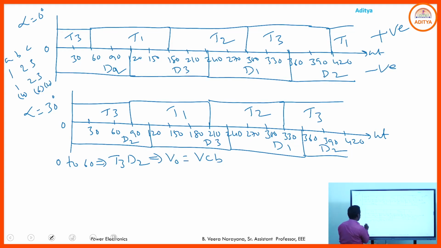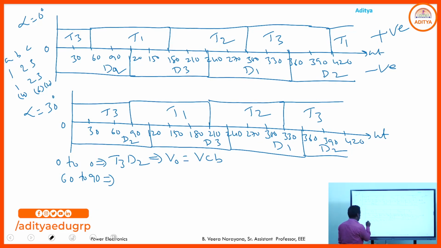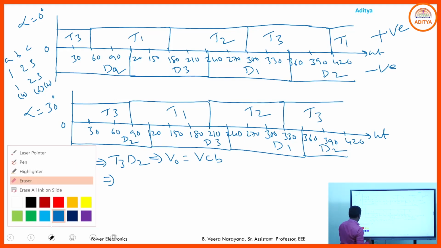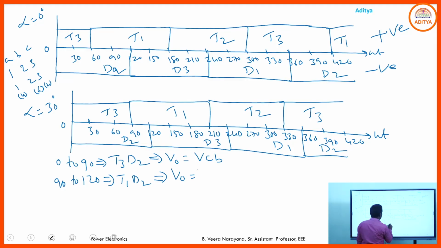From 0 to 90, T3, D2. Okay. 90 to 120, T1, D2. If T1, D2 are in the on state, 1, 2, VAB. V0 is equal to VAB.